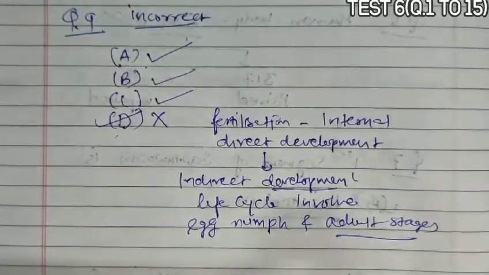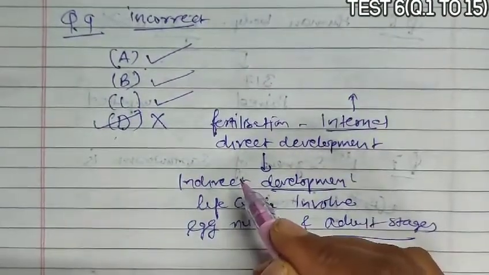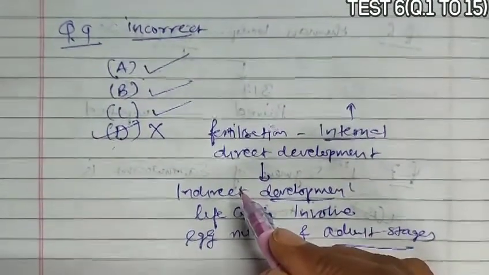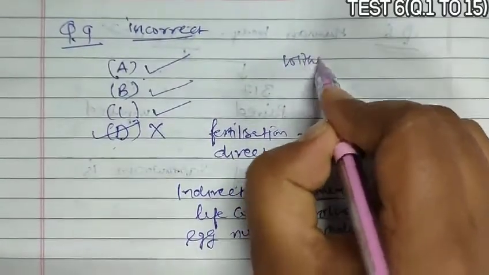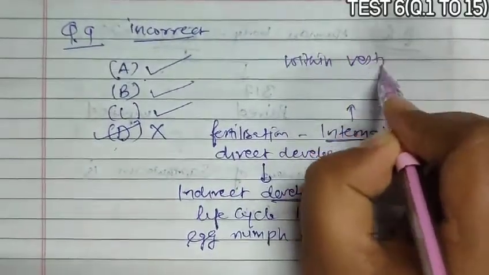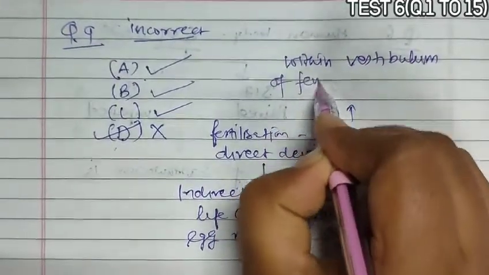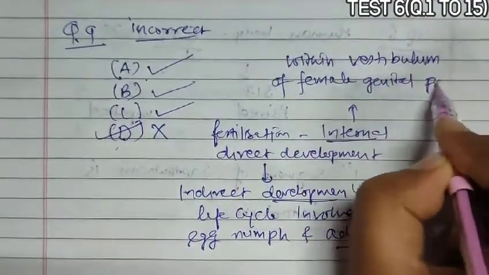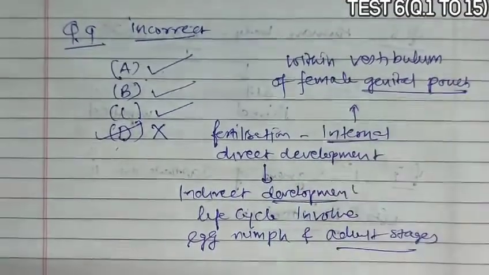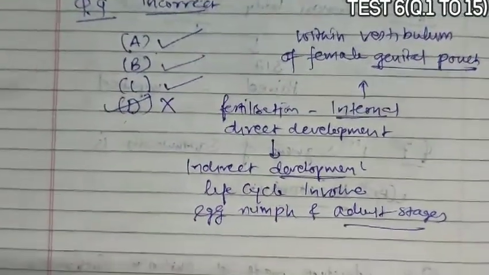Now, if we talk about fertilization, that fertilization occur within vestibulum of female genital pouch. So here the D is the incorrect statement.